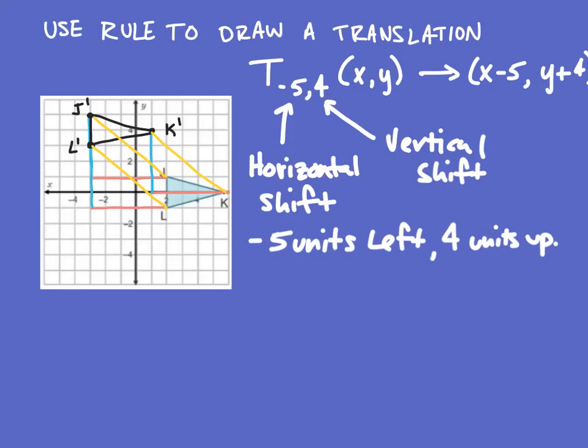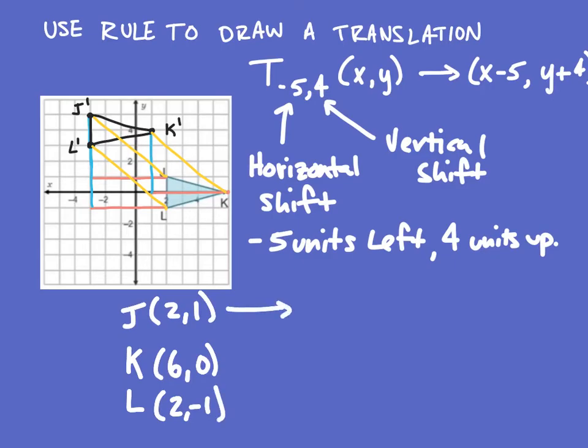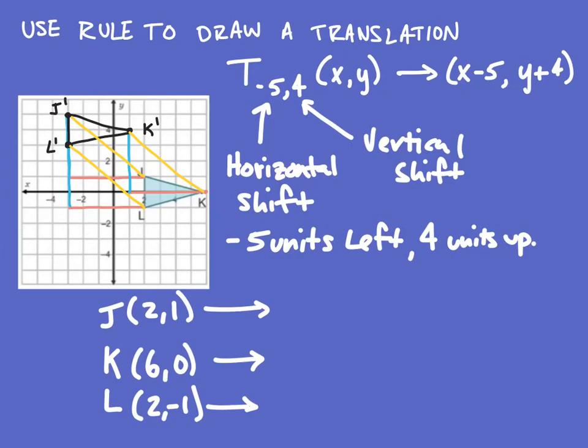But let's actually list out the points for J, K, and L. So J, K, and L. The point J is the point 2, 1. K is the point 6, 0. Okay, and L is the point 2, negative 1. All right. So what I want to do is actually just use my rule up here to generate those points.